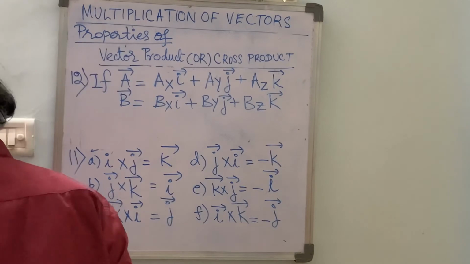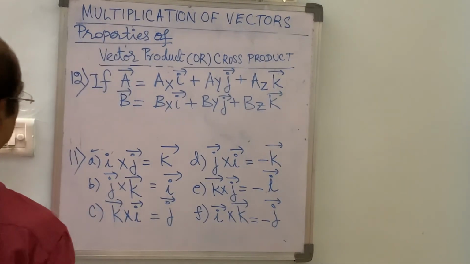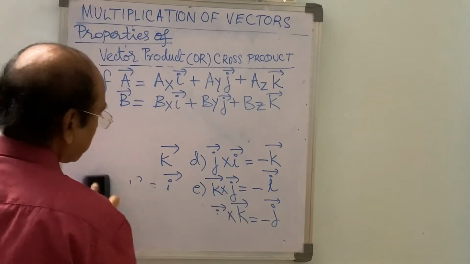Now we find the vector product of a bar and b bar. That is the a bar cross b bar value.